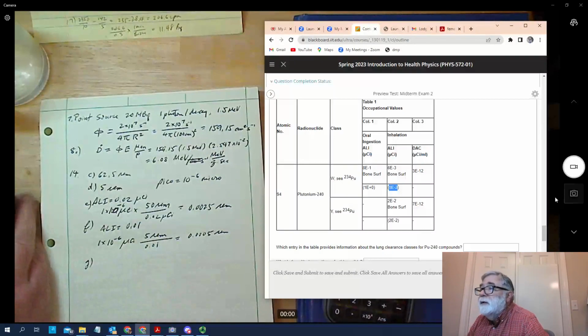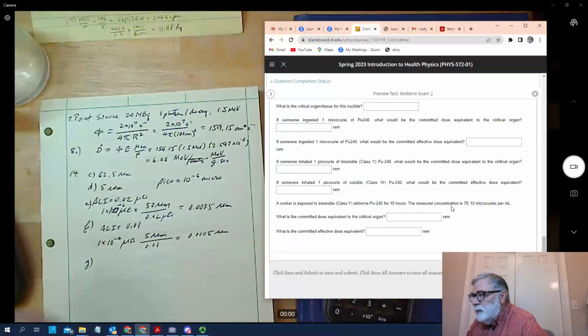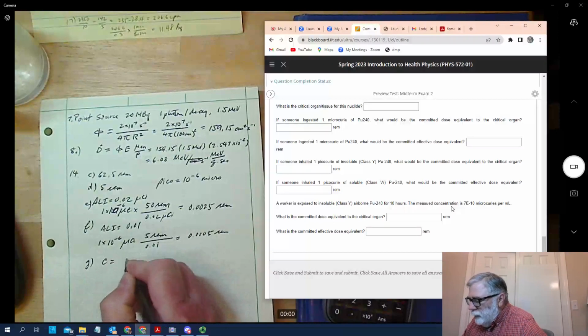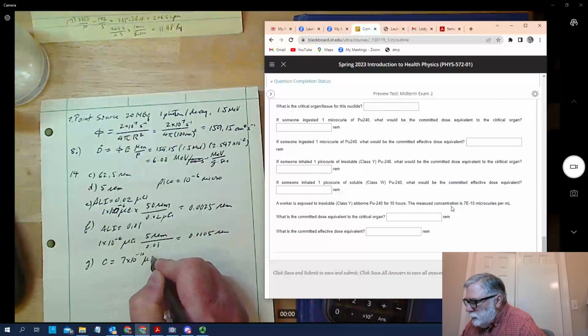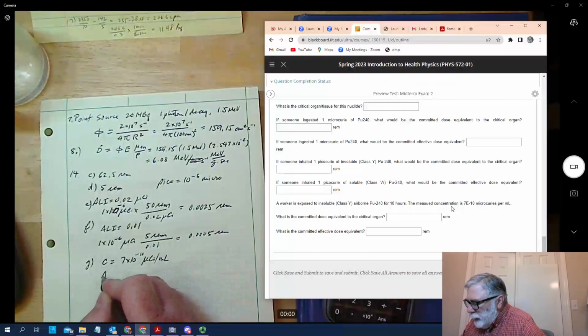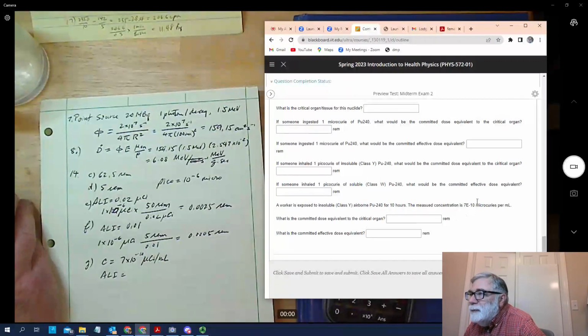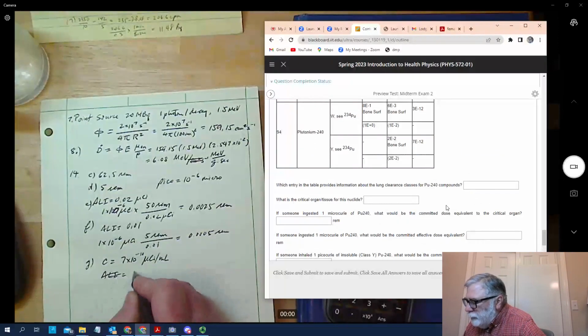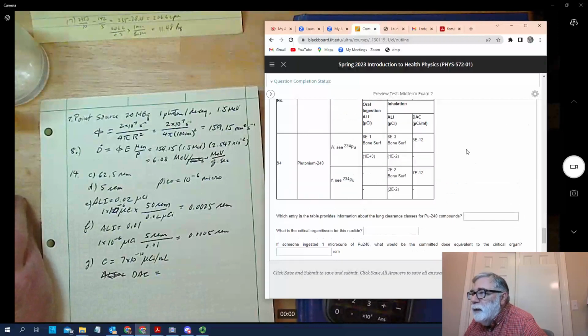G. What's G? A worker is exposed to class Y for 10 hours at a concentration of 7 times 10 to the minus 10 microcuries per milliliter. So C equals 7 times 10 to the minus 10 microcuries per milliliter. We're interested in the DAC, not the ALI, because this is an airborne concentration issue.